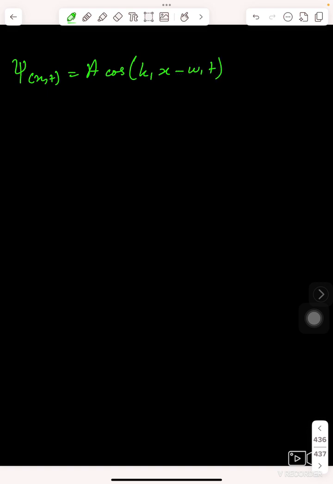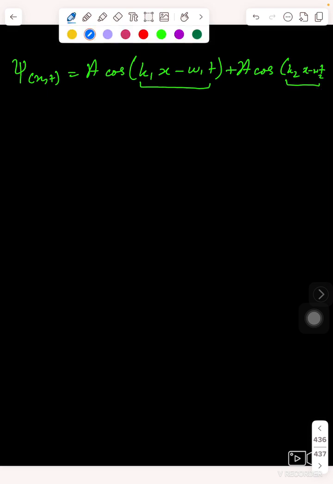This is how it's defined. You don't have to go to depth, you just had to know about the mathematical approach. Plus cos of k2 x minus w2 t. So this was k1 w1 and this is k2 w2. Now this is how the equation is.